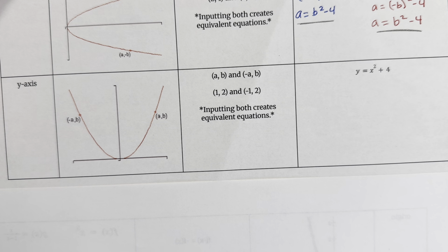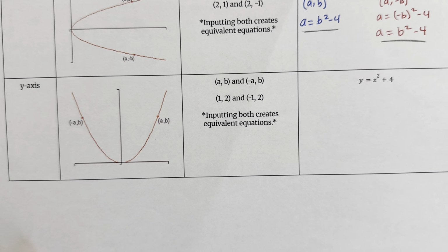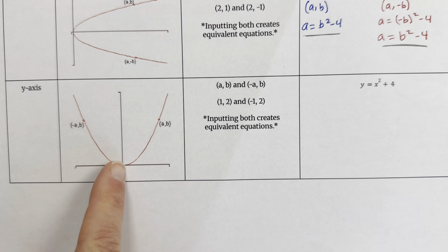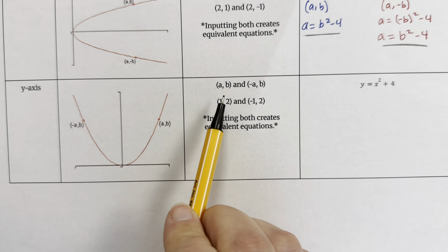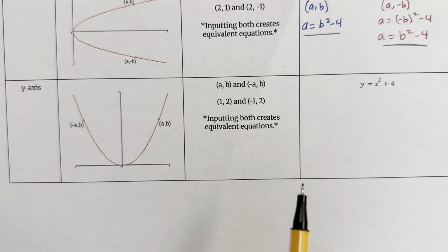All right, our next symmetry we're going to take a look at is symmetry across the y-axis, which would be like this picture here. If we were to take our parabola, fold that in half, it would be equal. Our symmetry test for the y-axis is a, b and negative a, b.